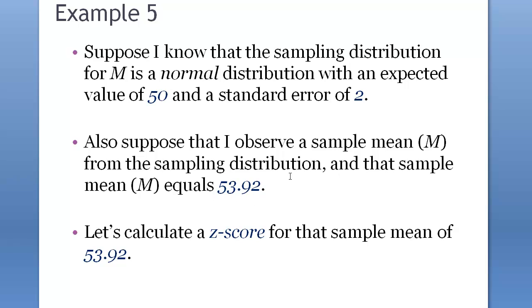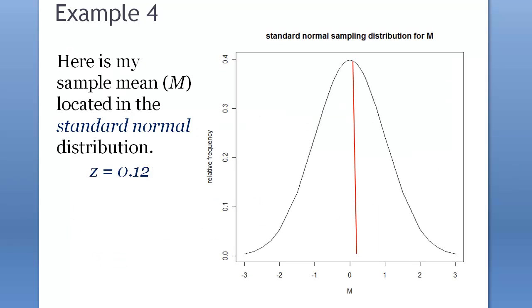What it means by z-score is calculating the z-score of this particular sample mean out of all the sample means in the population. Remember, this is just one sample mean, but there are many samples, hence many sample means.